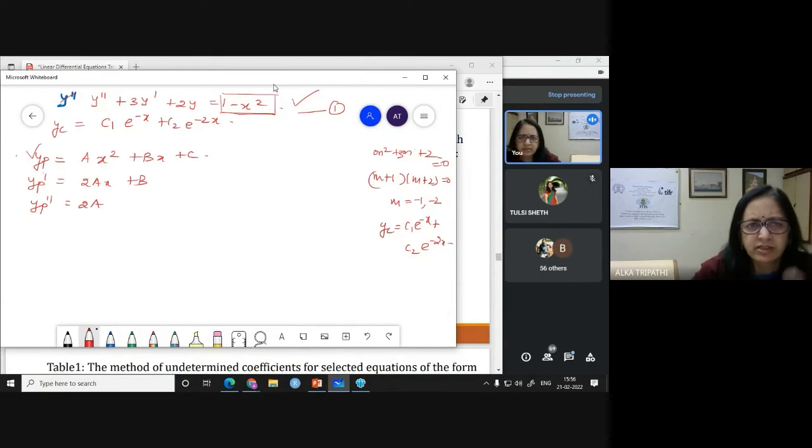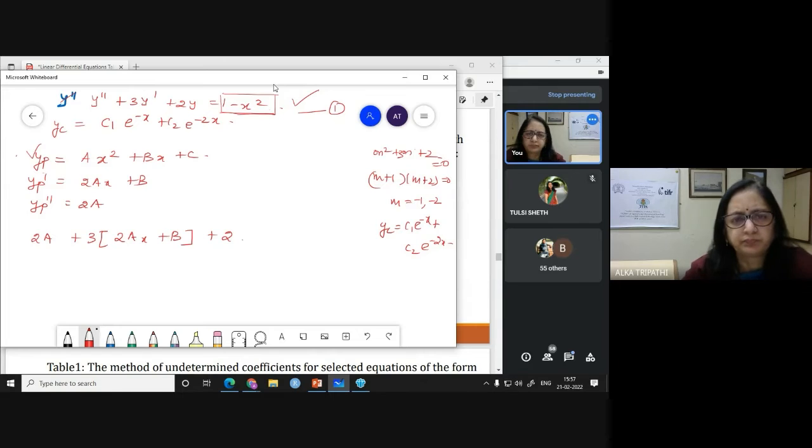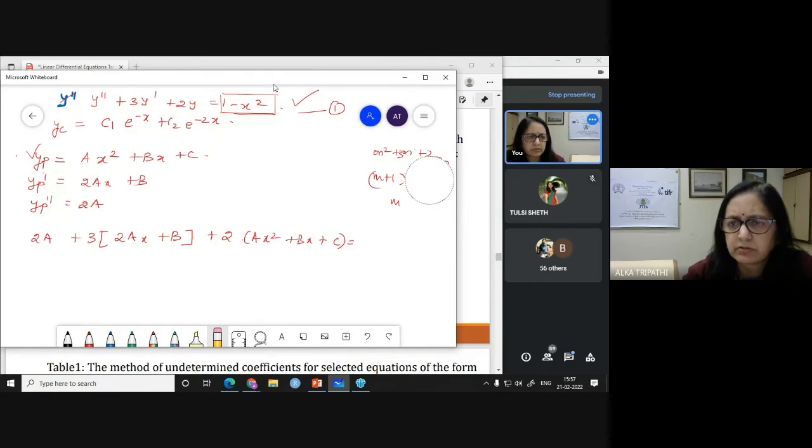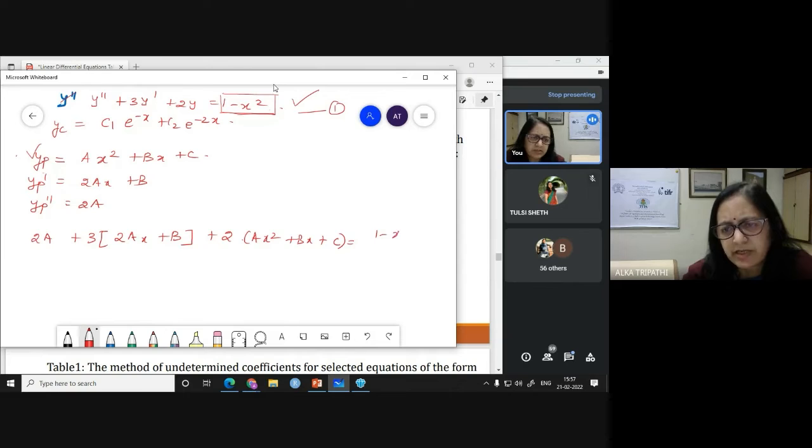Substitute these values in the original equation. You will get 2a plus 3 times (2ax plus b) plus 2 times (ax square plus bx plus c) equal to 1 minus x square.